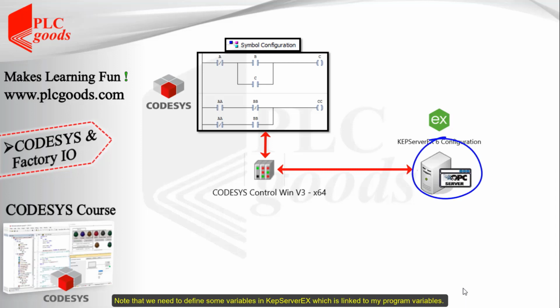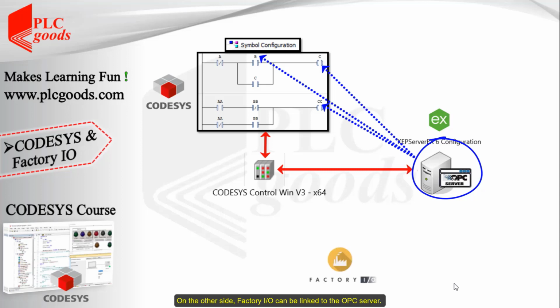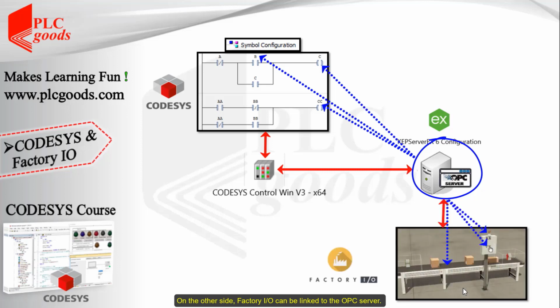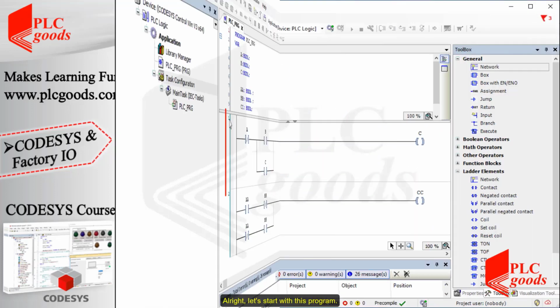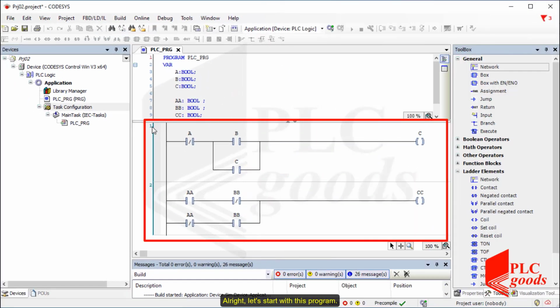Note that we need to define some variables in KepServerEX which is linked to my program variables. On the other side, Factory I/O can be linked to the OPC server. As a consequence, my program can control the equipment inside the Factory I/O. Alright, let's start with this program.